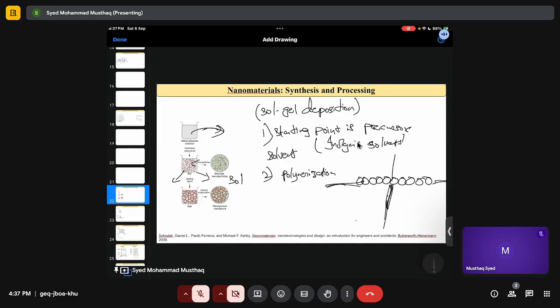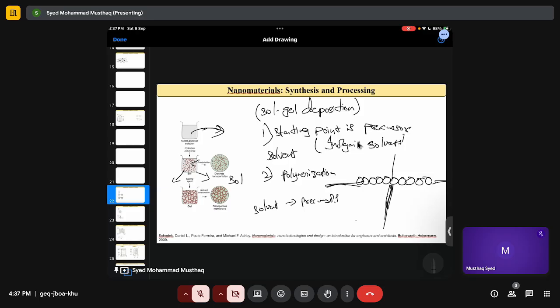That means discrete, finely dispersed particles kept in suspension by adding surfactant. So what does the surfactant do? See, first I have a solvent, and then I add precursors.